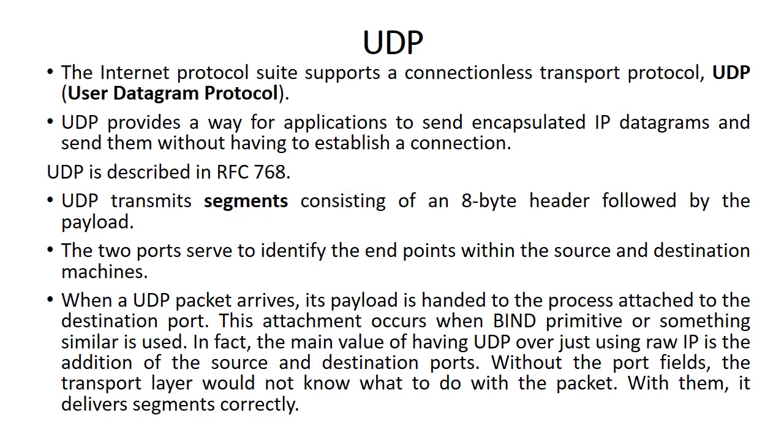Without knowing the port number, the protocol cannot be used efficiently. Without the port field, the transport layer would not know what to do with the packet. While sending a packet, the port number is essential in UDP. So it provides a simple connectionless service.